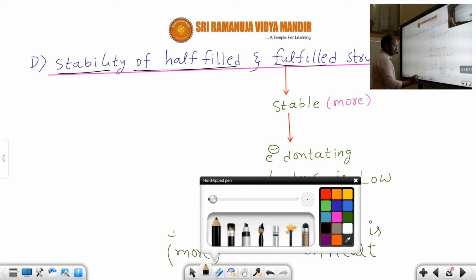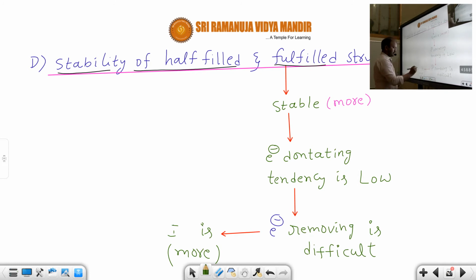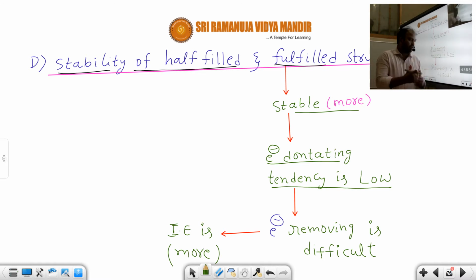Half-filled and full-filled structures. Whenever there is more stability, how can we understand that the element's electron donating tendency is low? That element is not capable of donating electrons easily. That is the meaning of more stability here, so the electron donating or giving tendency is low.